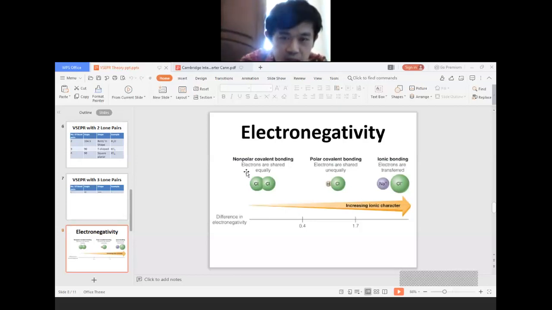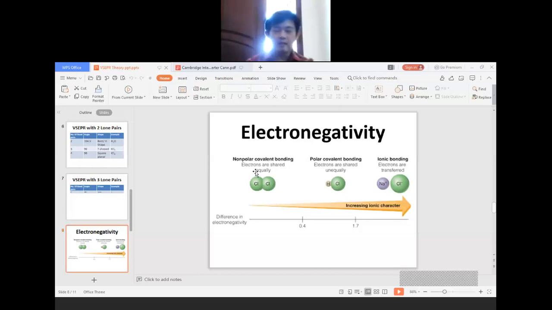Cl and Cl are considered non-polar because they have the same electronegativity. Cl is electronegative and the other Cl is also equally electronegative, so they are considered non-polar.